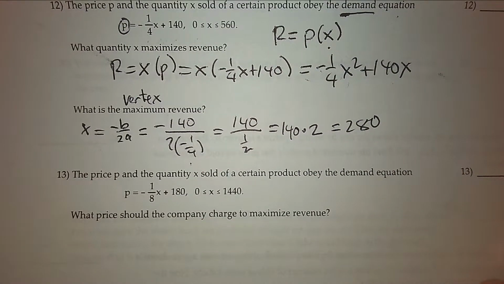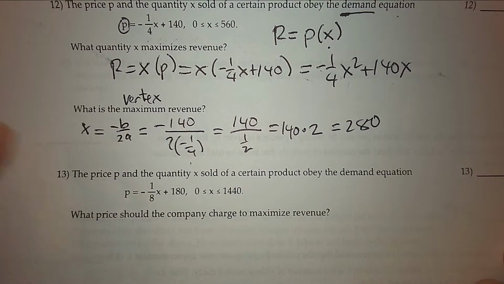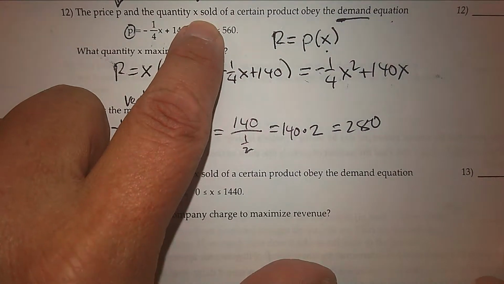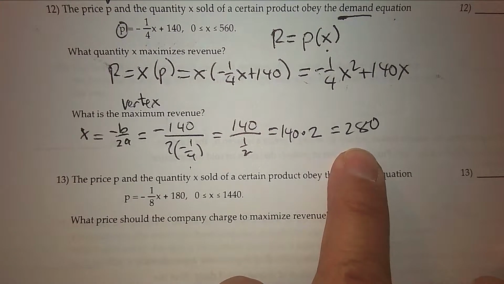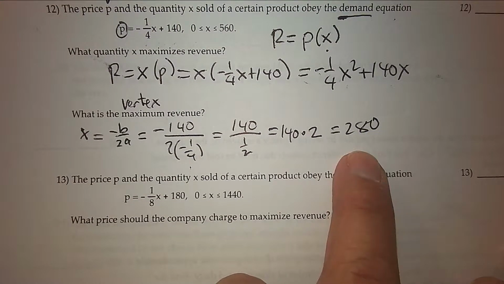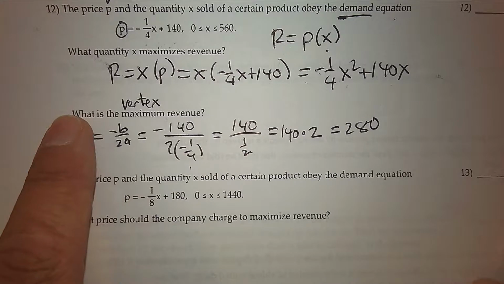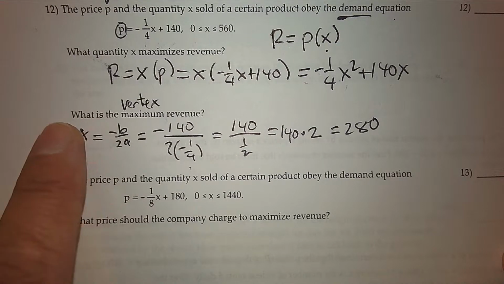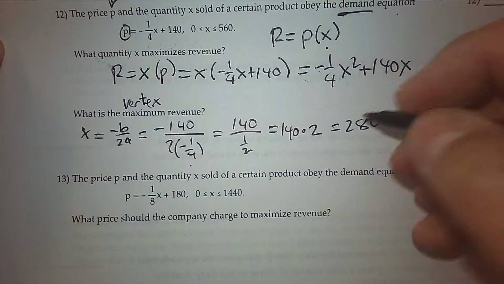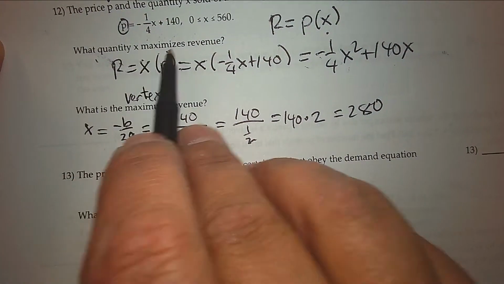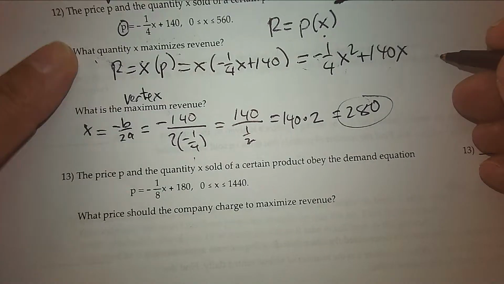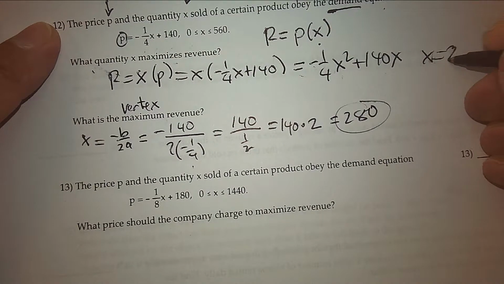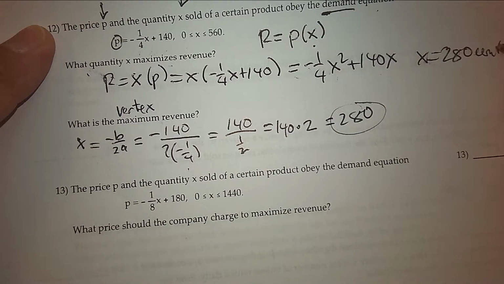So what did I really find here? What is X again? X is how many you sold. So how much did you sell? 280. Is that what the question asks? So in part A, it says what quantity X maximizes revenue. So what would the answer be for the first part? 280. That's for the first part.